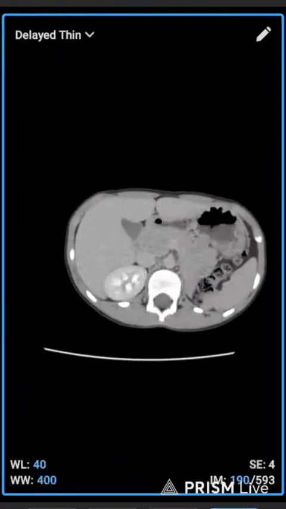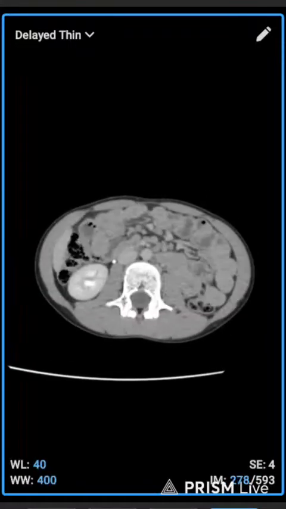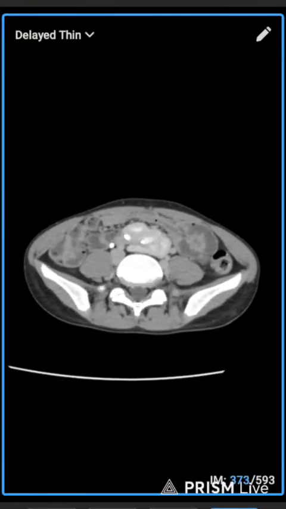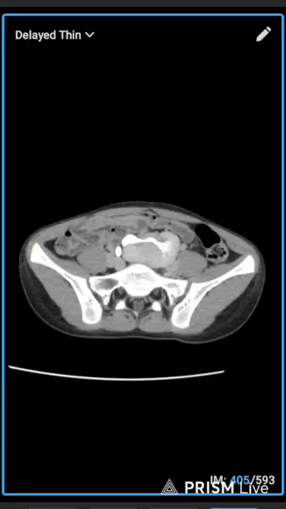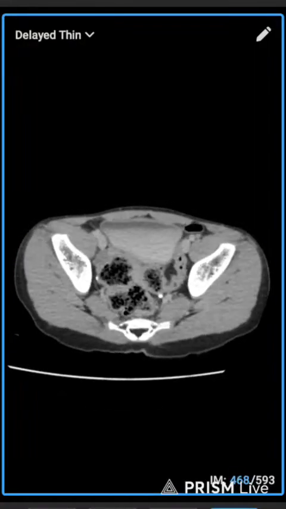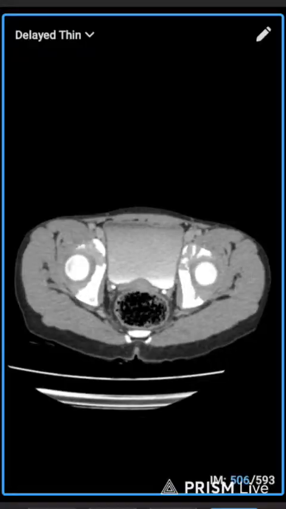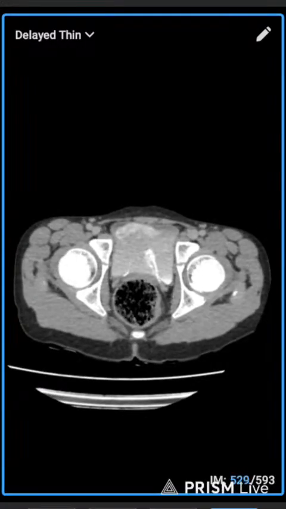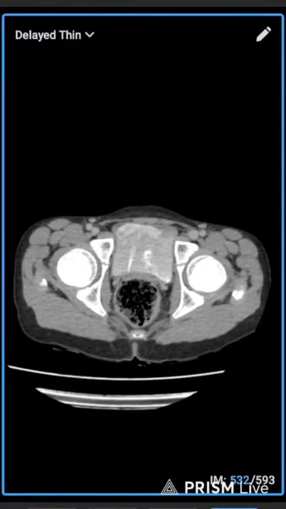Also look at the delayed phase. It properly shows the left-sided ureter going to the bladder, well visualized in this delayed scan.